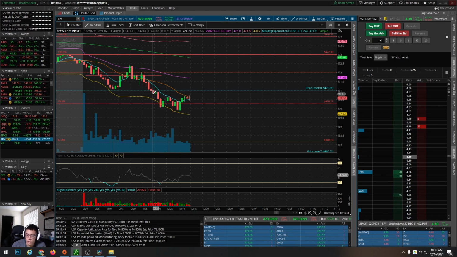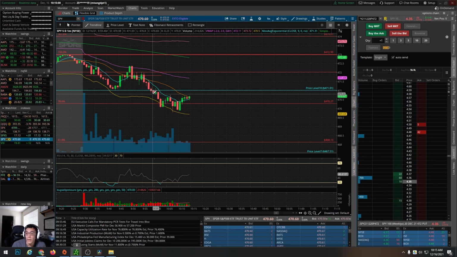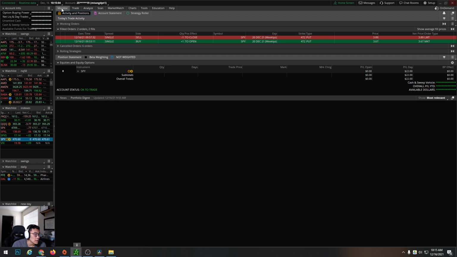I picked the right direction, all that good jazz, and it worked out to plan today. So that's the update on the SPY trade. Today was a $22 trade, so I almost erased all of the mistake from the other day. Happy about that. Could have been more, but that's fine. Green is green. So that's the recap.